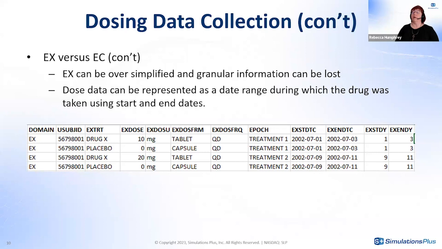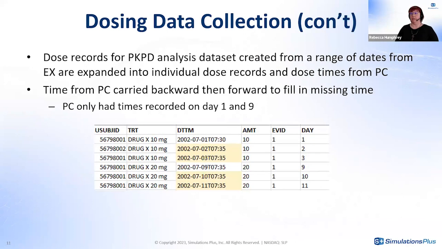Let's assume that the prior PC data set goes with this example, and this is what you got. So you got a date range in EX, and the only times that you have captured are the times associated to the PK concentrations. In that case, those times from the PK concentration would be merged to the individual dose records on that date, and the date range from EX would be expanded to create these individual dose records.